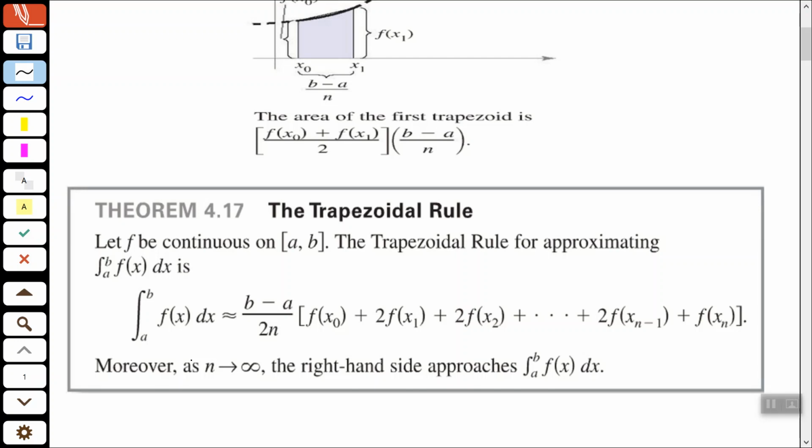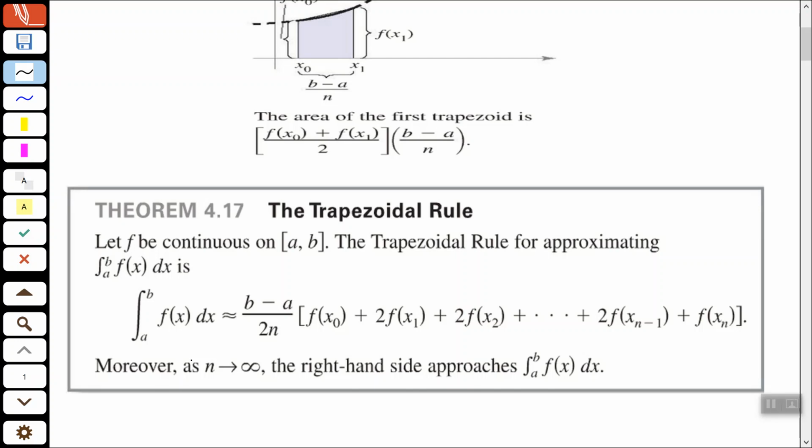The integral from a to b of f of x dx is approximately (b minus a) over 2n, and remember that goes back to what we looked at before, times f of x sub 0 plus 2f of x sub 1 plus 2f of x sub 2 plus and so on until we get to the n, where we don't multiply that function by 2. Moreover, as n approaches infinity, the right hand side approaches the integral of f of x dx from a to b.